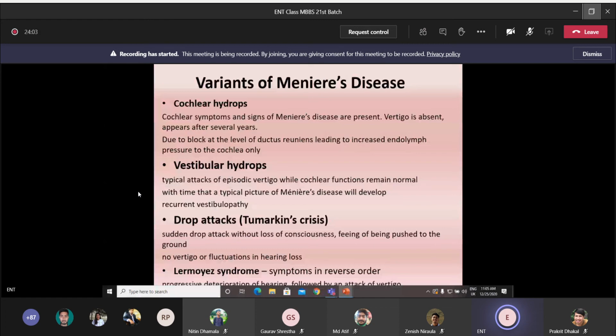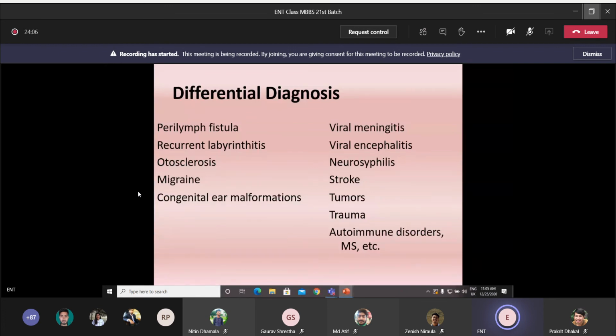The other differential diagnoses, if asked, are perilymph fistula, recurrent labyrinthitis, even otosclerosis, some congenital ear malformation, neurosyphilis, encephalitis, meningitis.